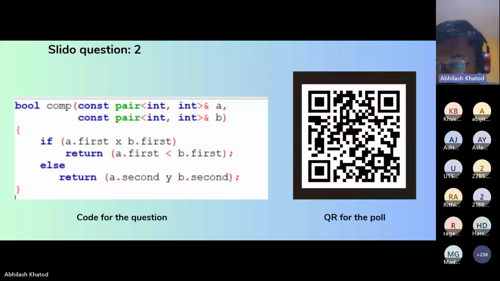Some have doubts regarding attendance. Guys, go on Slido and mark your attendance if you have not yet.